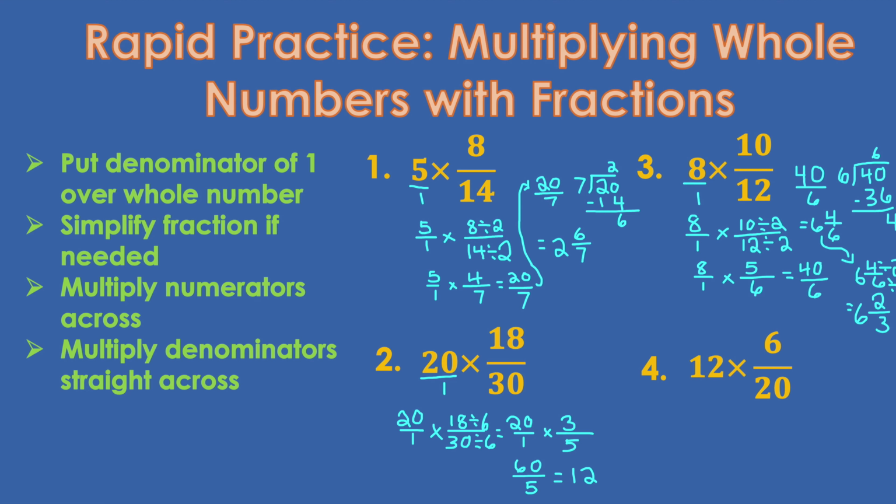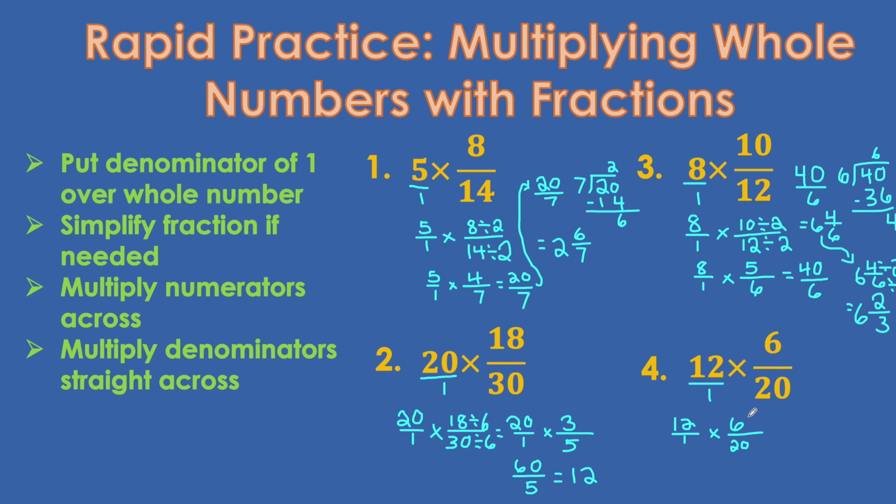Looking at our very last example, we have 12 times 6 over 20. First, we're going to put denominator of 1 over the whole number. Then we're going to simplify the second fraction. 12 over 1 times 6 over 20.